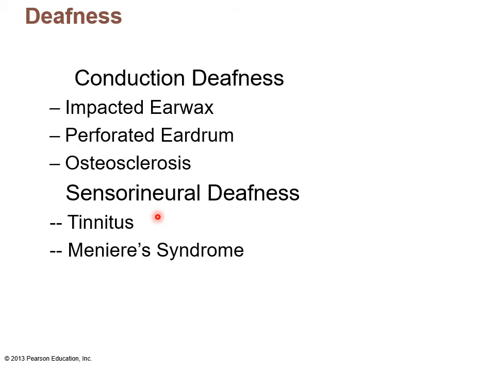Sensory neural deafness. Tinnitus is ringing of the ears. That usually indicates some type of damage to the hair cells, or maybe part of the cochlear nerve somewhere along that pathway, but it could be an indication that there is some hearing loss. Some medications, like if you take a lot of aspirin, can cause tinnitus as well.